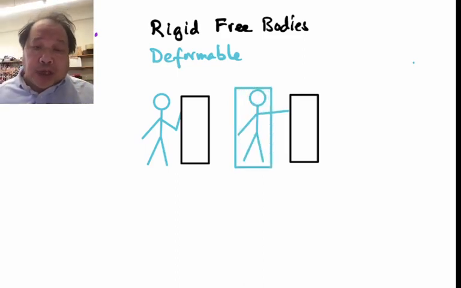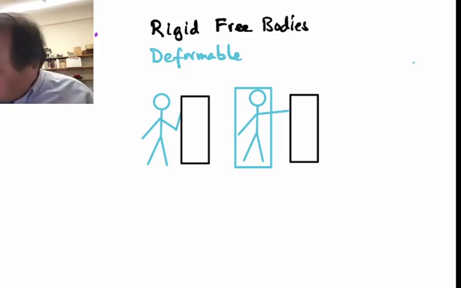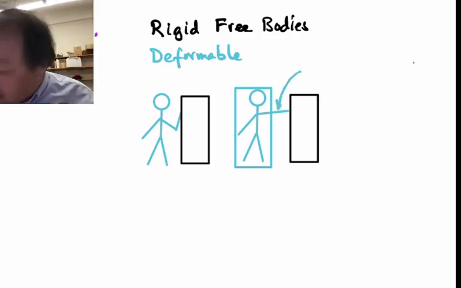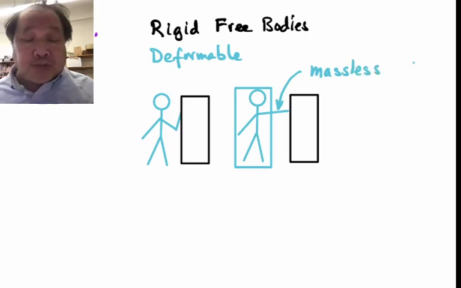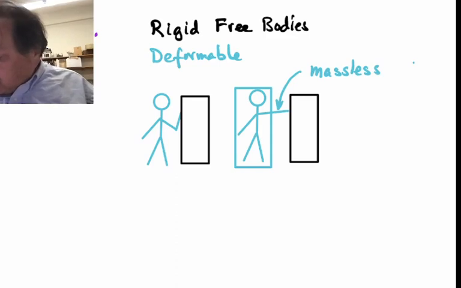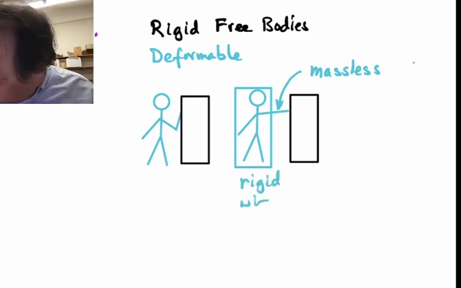And what we're going to do then is consider the deformable part, in this case the arm, just like the ropes in our pulling problems, as massless. And the part of the person whose motion is not important, we will consider rigid and with mass.